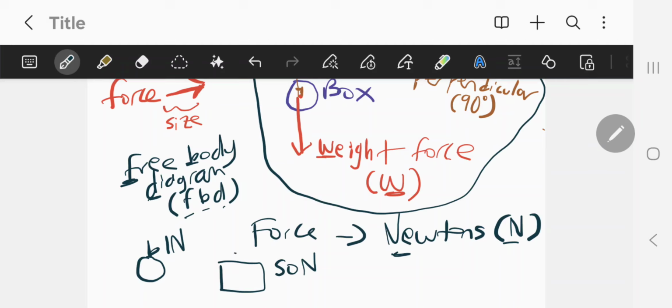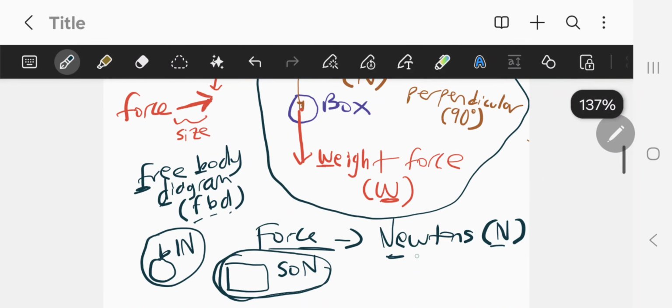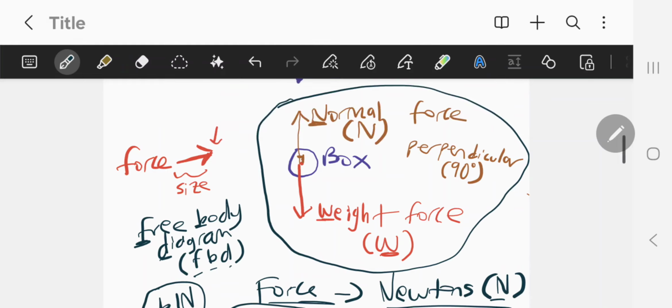The box has a higher weight force than the apple, obviously, because it weighs more. Same thing with a car versus an elephant. An elephant has a greater weight force than the car. So forces are measured in newtons. The more newtons, the more the force.